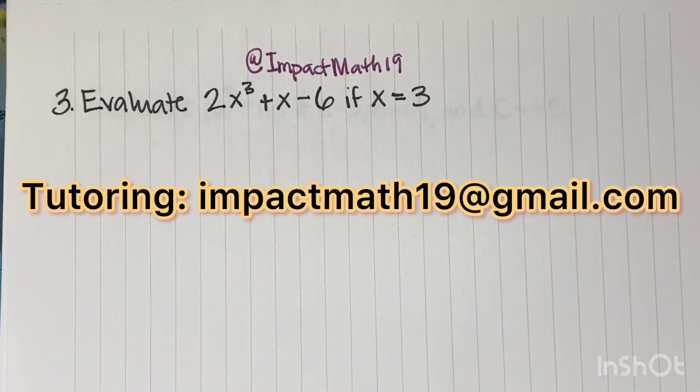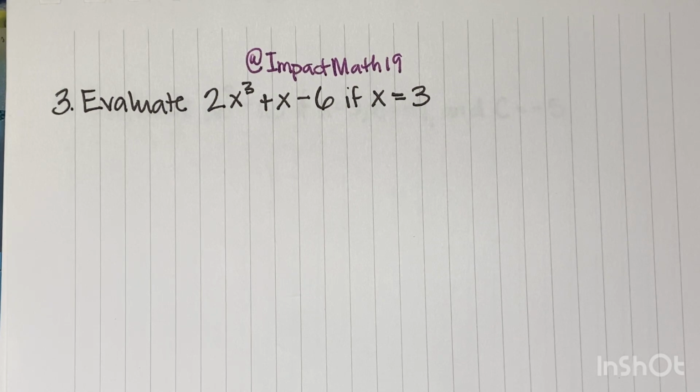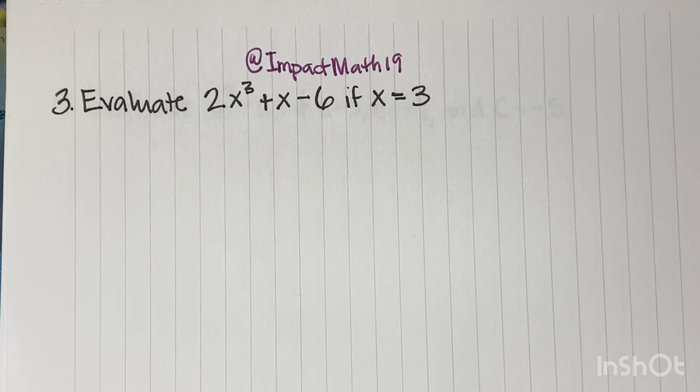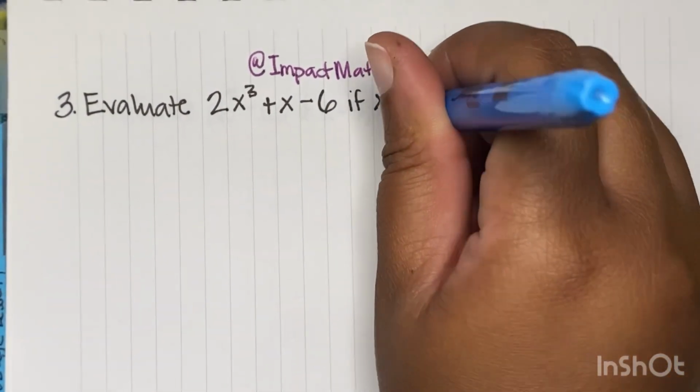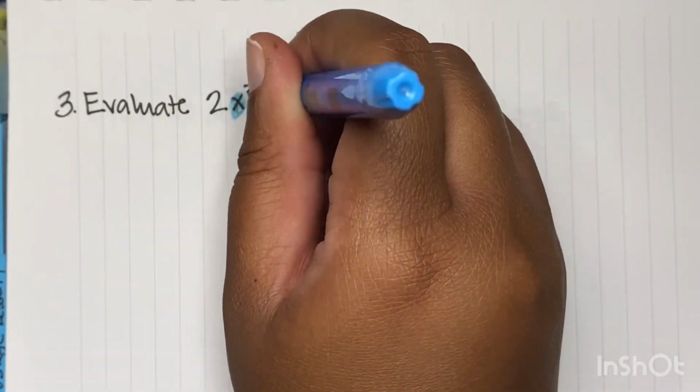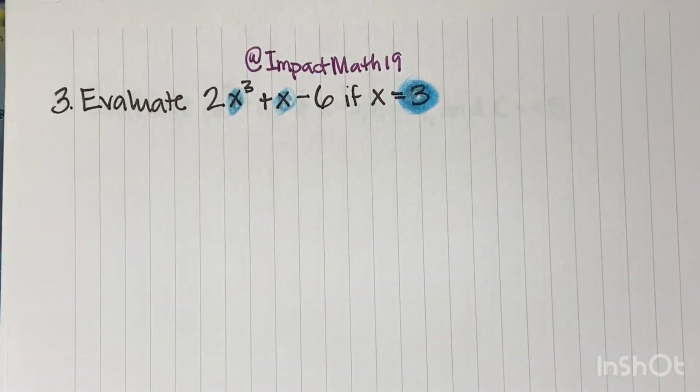Evaluate 2x to the third plus x minus 6 if x equals 3. As soon as we see what they give us for x, which is 3, I know wherever I see an x, I'm plugging in 3.